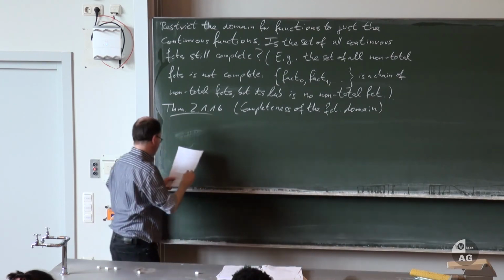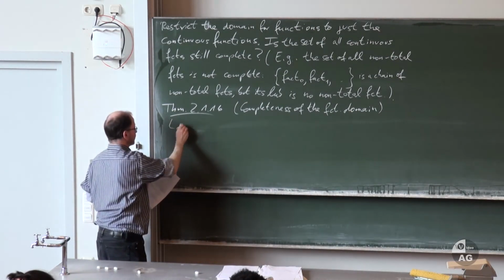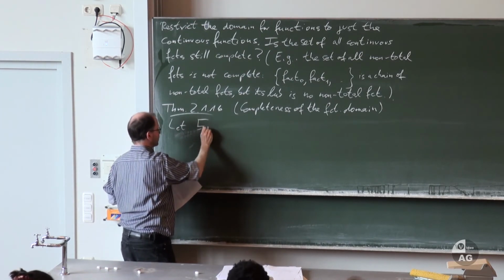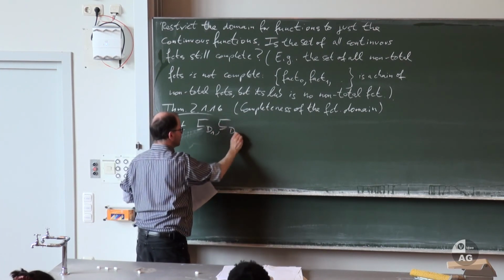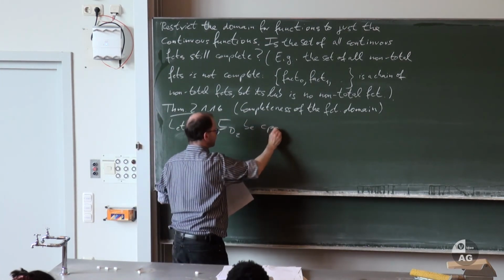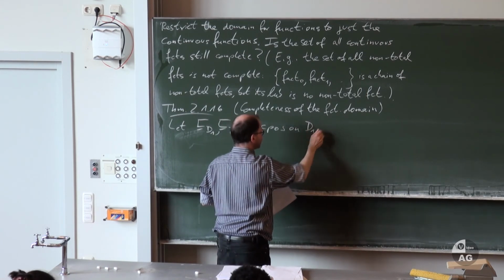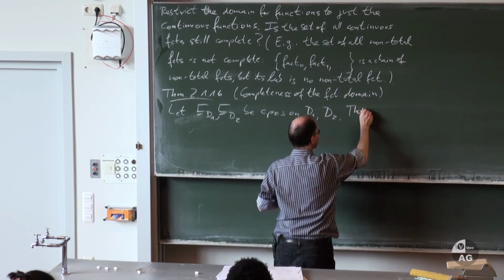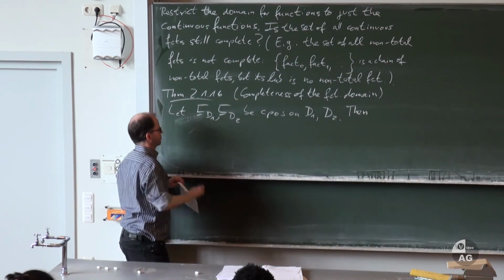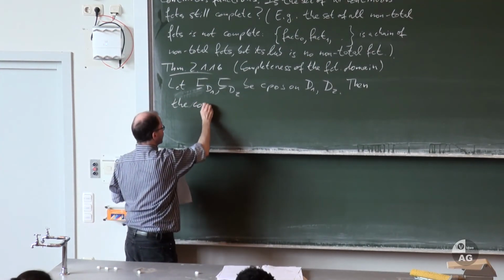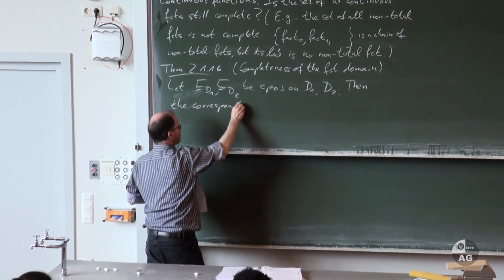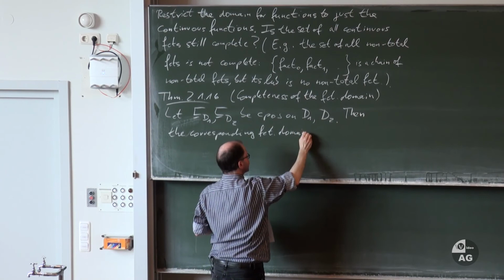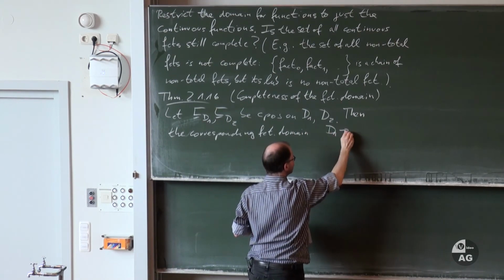And it says that, let D1 and D2 be complete partial orders on D1 and D2 respectively. Then the corresponding function domain is just the set of continuous functions from D1 to D2.